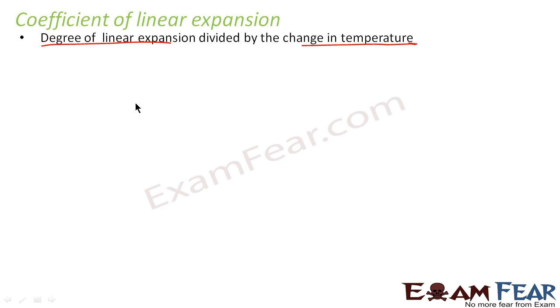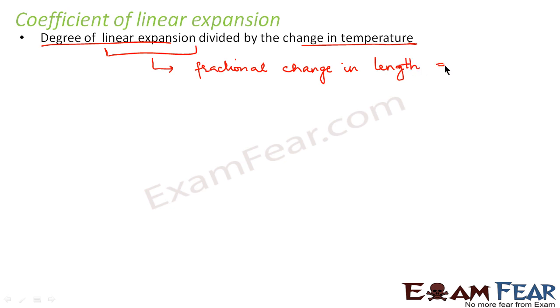So, how do I write it mathematically? We'll see that. Now, linear expansion is basically the degree of linear expansion. Before I write this, let us look at what linear expansion is. This term, linear expansion, is nothing but fractional change in length.